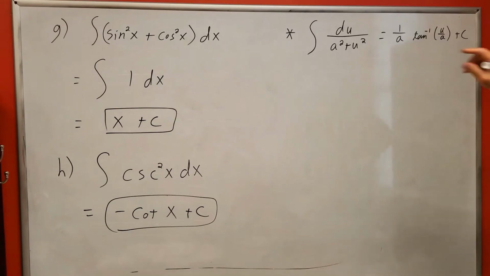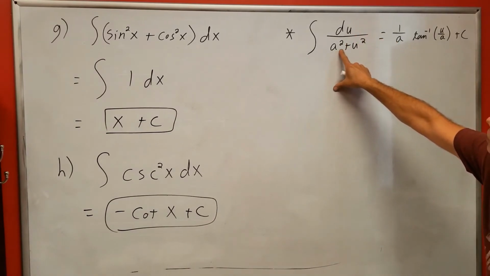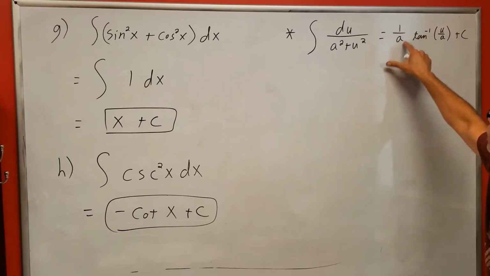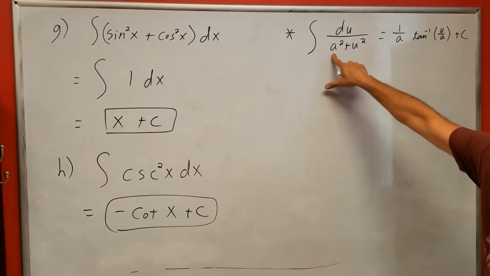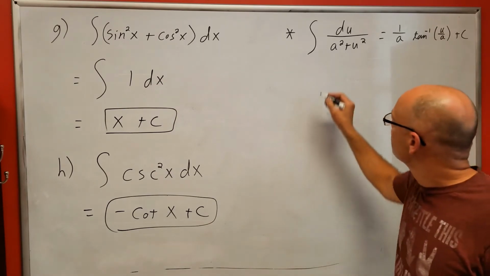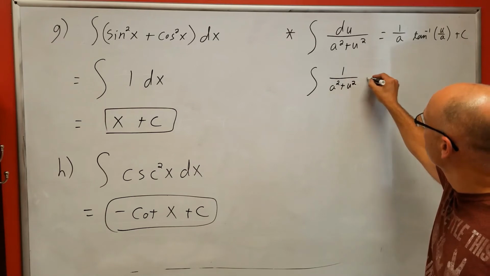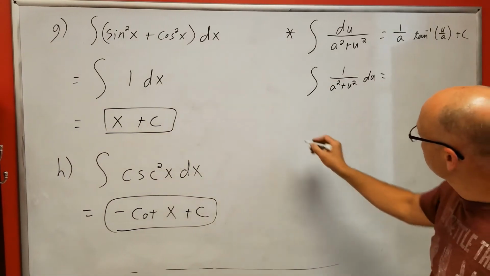In other words, if I have something like du over some number squared plus some variable portion squared, I'm going to write that as 1 over that number that's being squared times the inverse tangent of this variable part over the number plus c. Okay? Another way to write this is 1 over a squared plus u squared du is equal to that stuff.